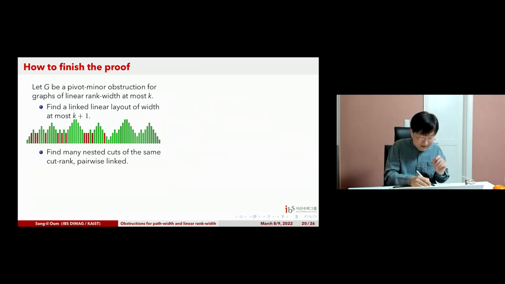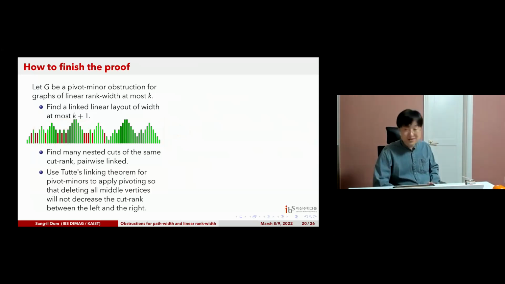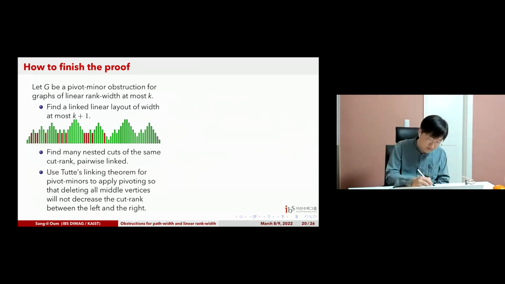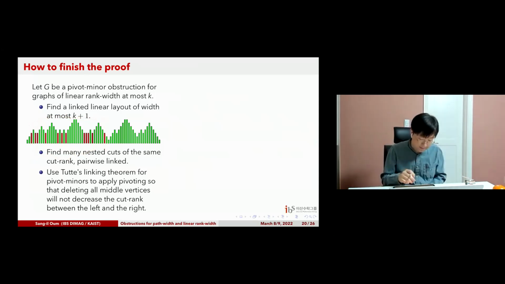In addition, all the values in between are higher. And then we use Tutte's linking theorem between the first of these cuts and the last of these cuts. Then we can apply the pivot operation to make sure that deleting all of them in between still doesn't decrease the cut rank. Applying pivoting doesn't change anything because the cut rank is the same.